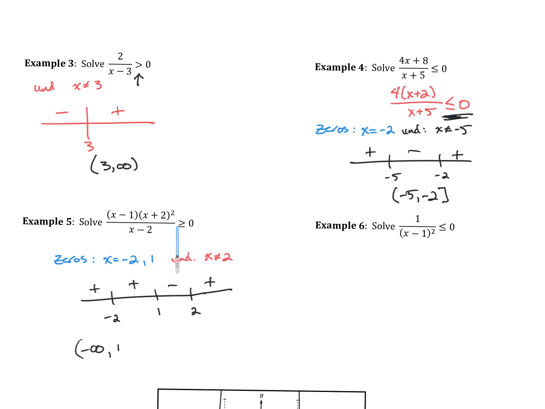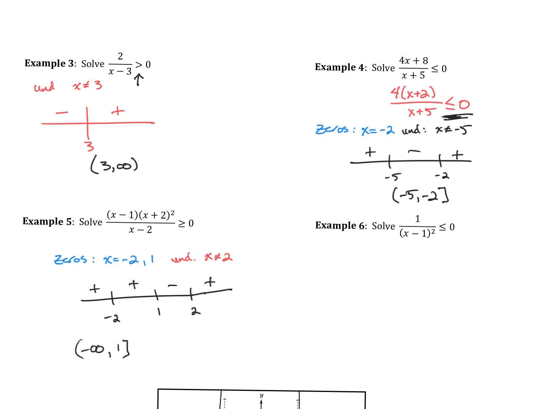So everybody's seeing this. If this were just greater than, I'd actually have to break it up. It'd be -infinity to -2 and then -2 to 1. But because this is equal to, I can include -2, so I can go all the way from -infinity to 1. Now, do I get to include 1? Yes, because that's part of my zeros. So I get to include 1, so I use a bracket.